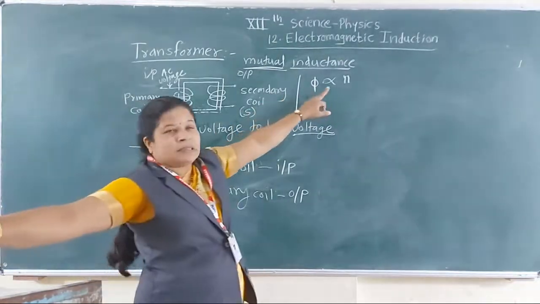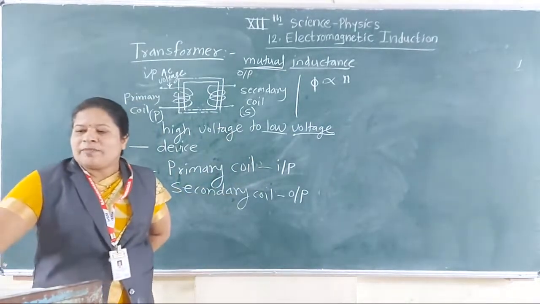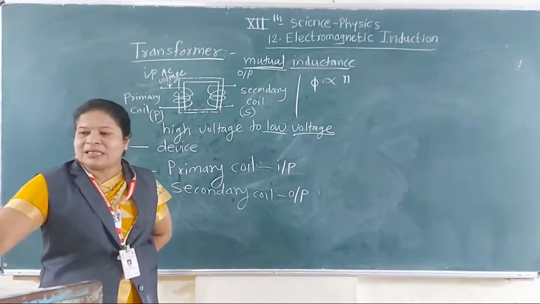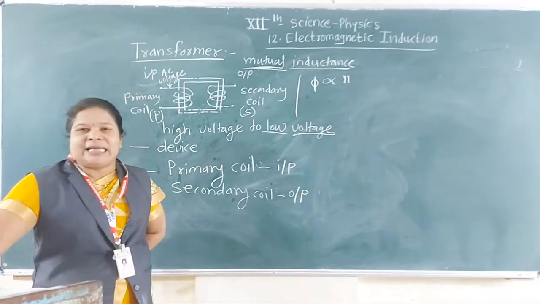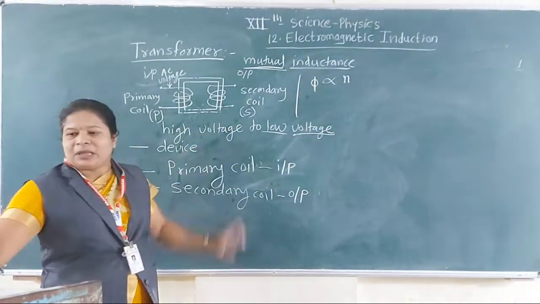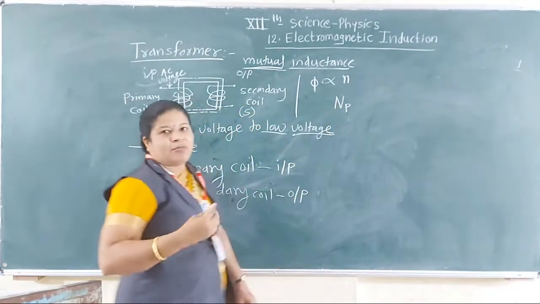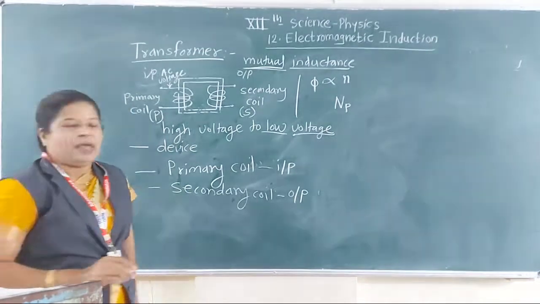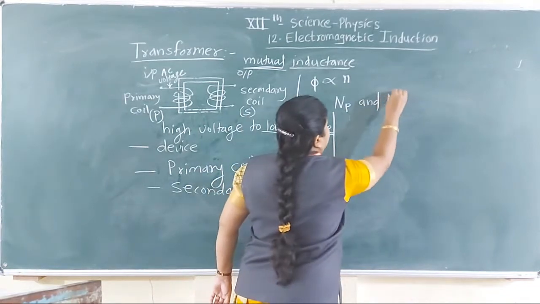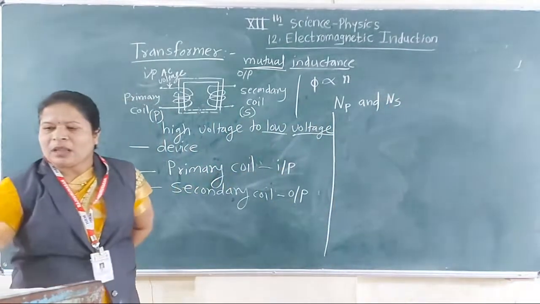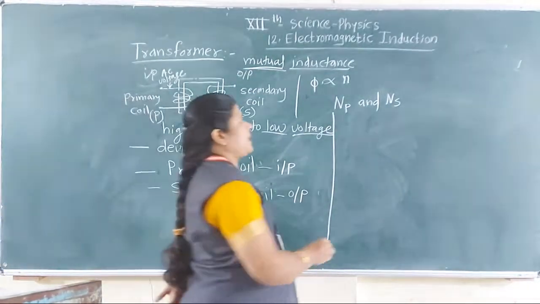So phi magnetic flux linked per turn with both the coils with respect to time t. Let capital NP and NS be the number of turns of the primary and secondary coil respectively.